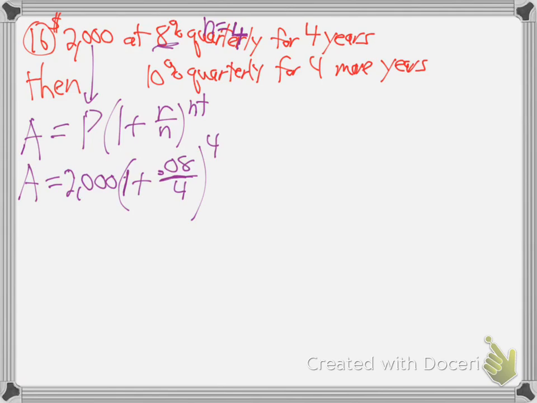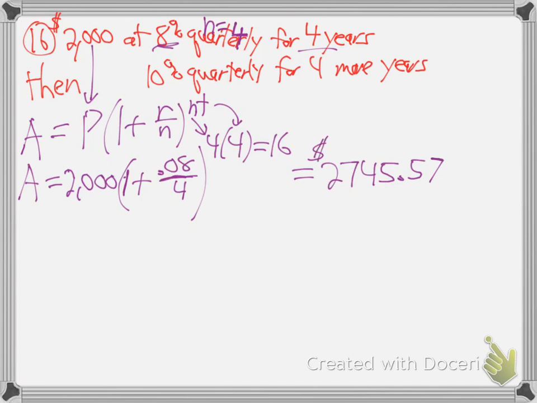To the 4, and T is 4 years, so that's also 4. N and T are both 4. So that's a power of 16. So hit the buttons on your calculator there. I'm going to do it too. I'm getting 2,745.57. So that's what it becomes after the first 4 years.